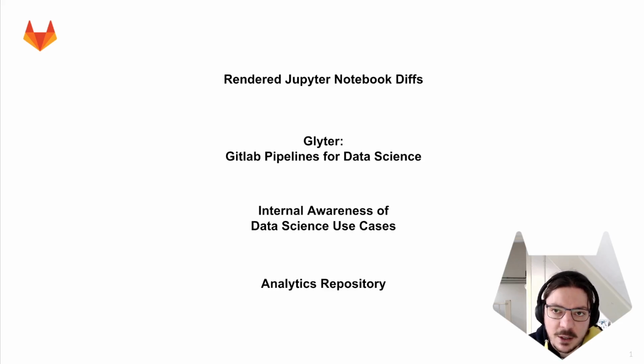And I myself, as an incubation engineer, cannot maintain an entire model registry as a feature. So I am not going to be working on model registry. That doesn't mean model registry isn't coming to GitLab. It's just not coming through me.